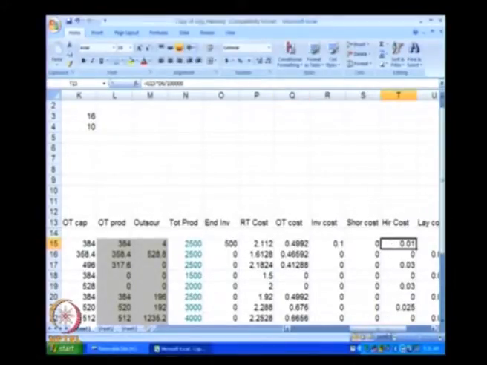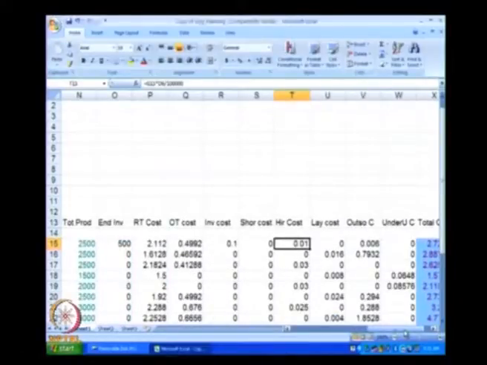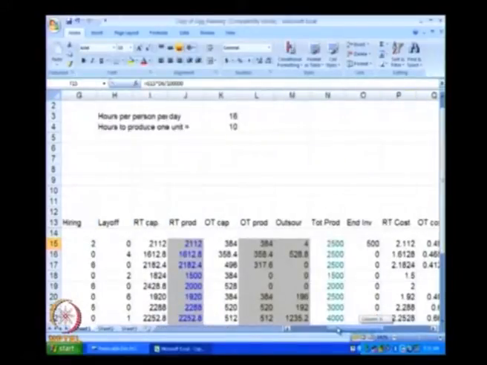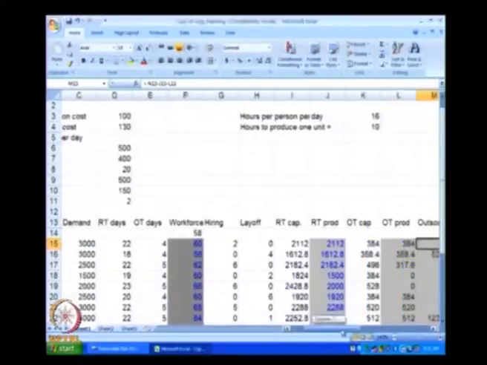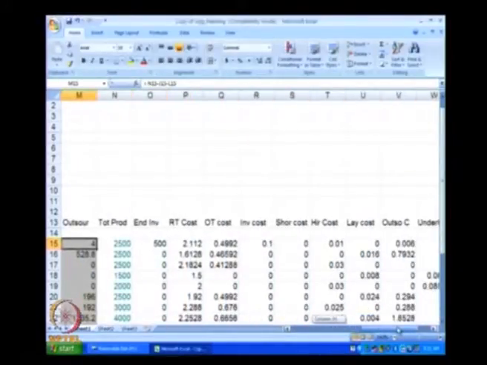There is no layoff. Layoff means the workforce reduces, so there is no layoff. There is an outsourcing cost. We have outsourced 4 units. The cost of outsourcing is taken as 150. So, 150 into 4 is 600. So, 600 gives us 0.006.